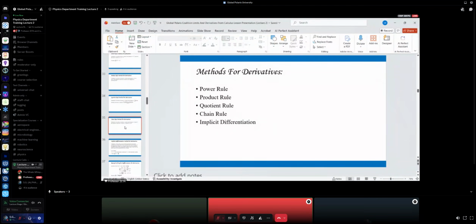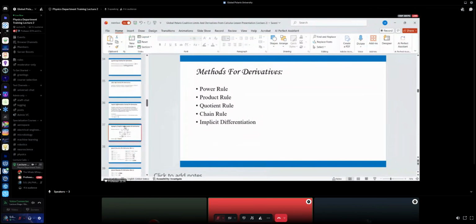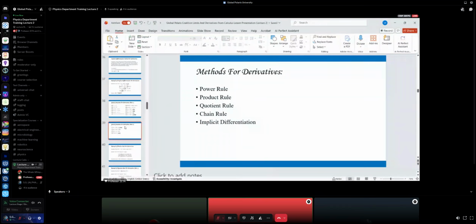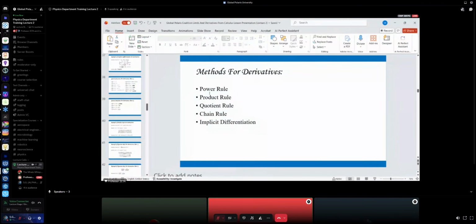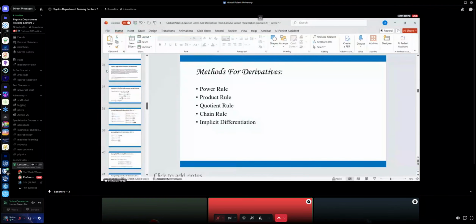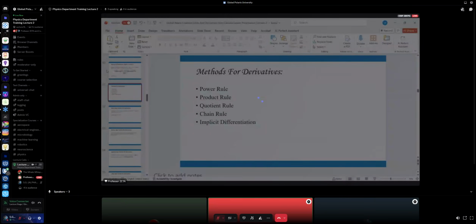For the power rule it might be straightforward, but for product rule, quotient rule, chain rule, and implicit differentiation, there is a little bit more complexity. Especially the examples that are provided, you need to know a little bit more about it. But let's just go to the definitions mainly.